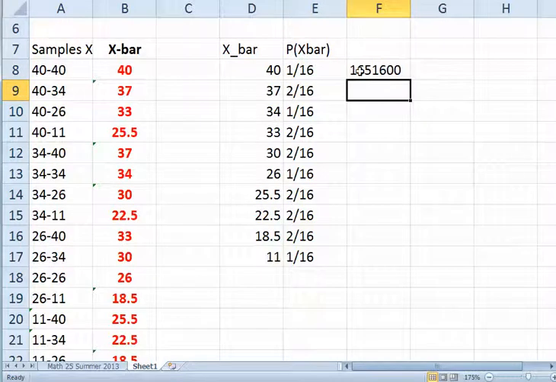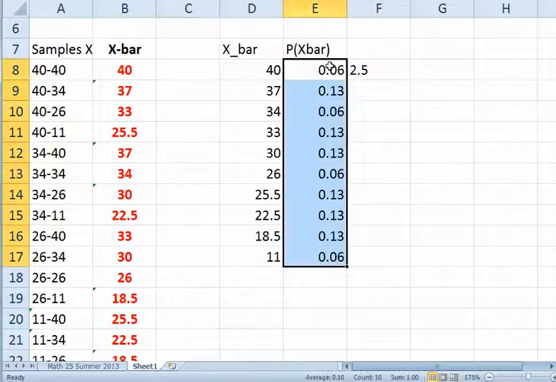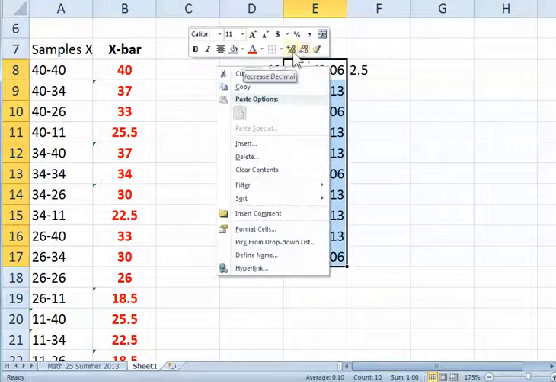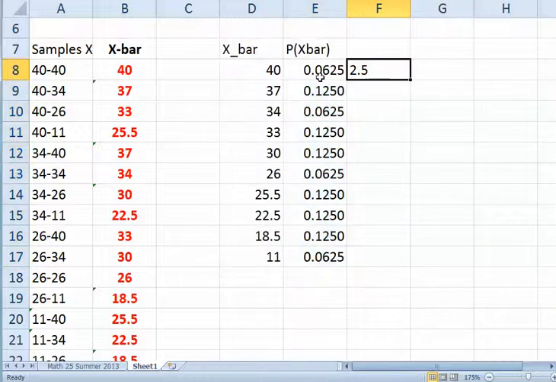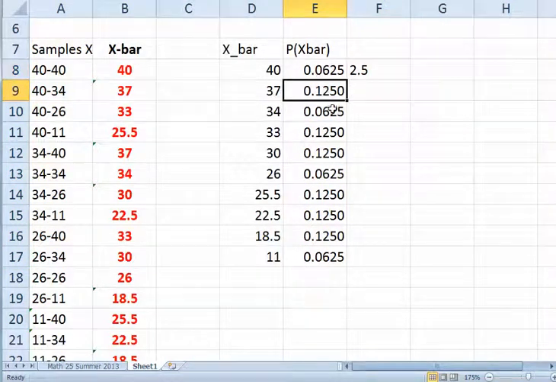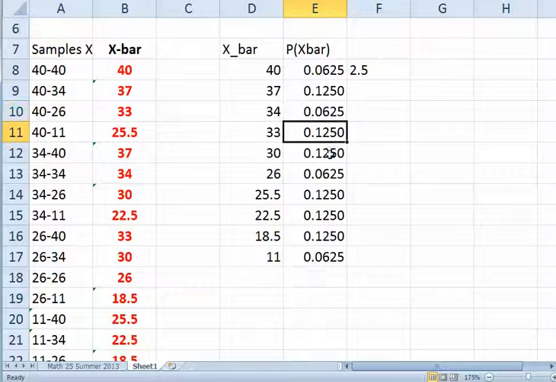I'm getting something crazy here because it doesn't understand that this is supposed to be a number, so let me convert those back. And let me show you a little bit more detail. Okay, so there's my 1/16, my 2/16, and so on, 1/16, 2/16, 2/16.